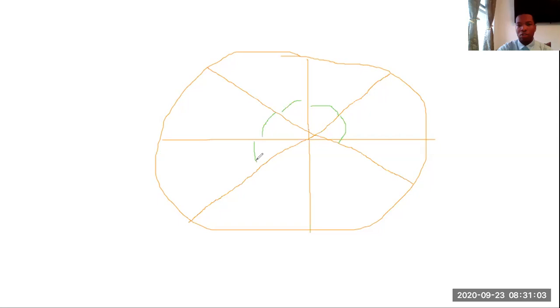Since the whole thing is 360 and I have 8 slices, how do I figure out the degree for all of them? 360 divided by 8. That is absolutely right. 360 divided by 8 equals 45. So each of these is 45 degrees.